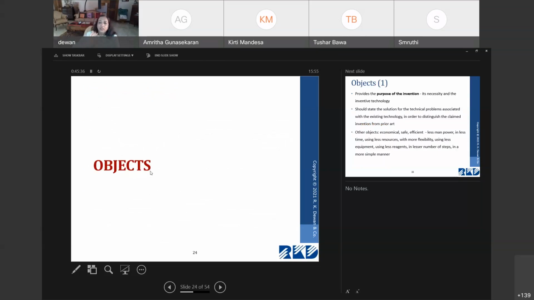Okay, so we'll now take the next important aspect of a patent specification, which is... so I just see two questions.